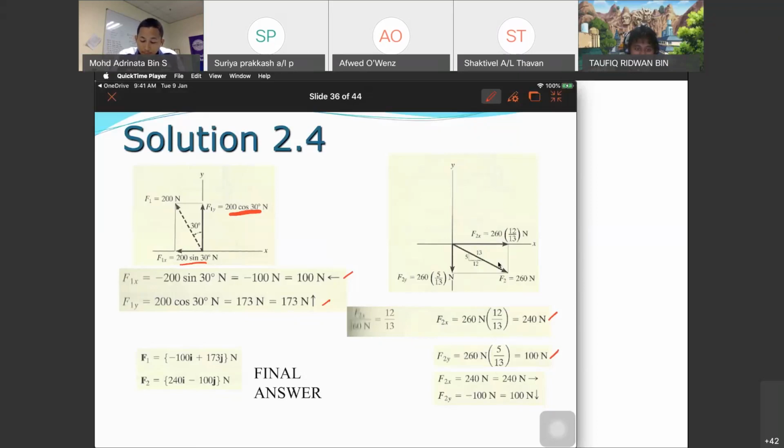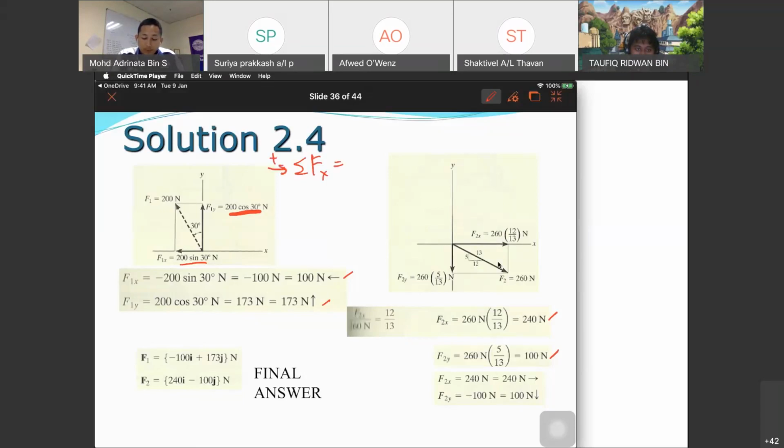And if you are using scalar, you can add up your x direction. So sum of Fx direction, we assume that to the right is positive.